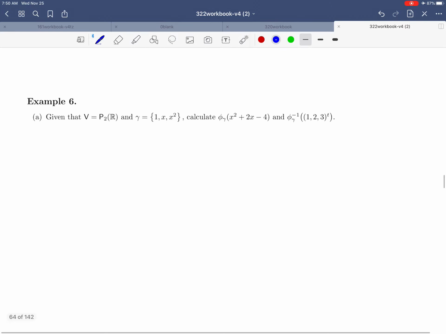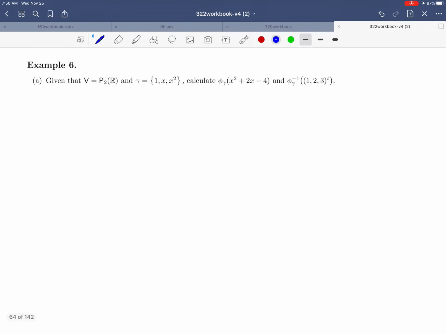This is basically getting used to notation. Okay, so in example 6 here, they're giving us the vector space V equals P2 of R, and the standard basis for that looks like 1, x, and x squared. We'll call that gamma. The first thing that they'd like us to calculate is phi gamma of x squared plus 2x minus 4. And again, calculating that standard representation is all about asking, how do we build x squared plus 2x minus 4 as a linear combination of our basis vectors?